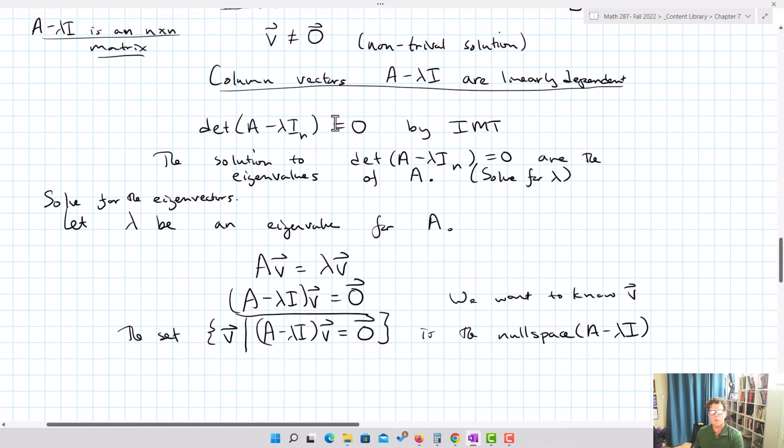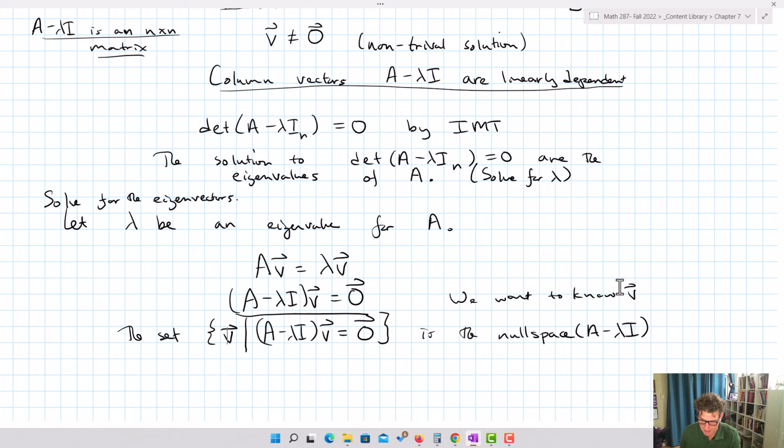Once we find the solution to the determinant of A minus lambda I equals 0, we plug in an eigenvalue, subtract lambda from the diagonal of A, and then solve for the null space of A minus lambda I. That's it.